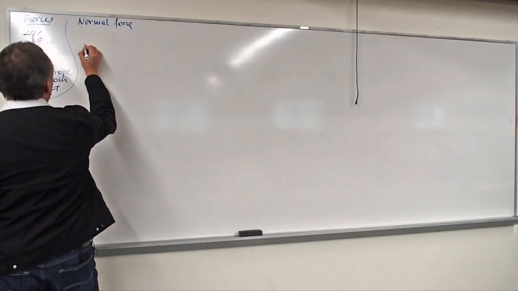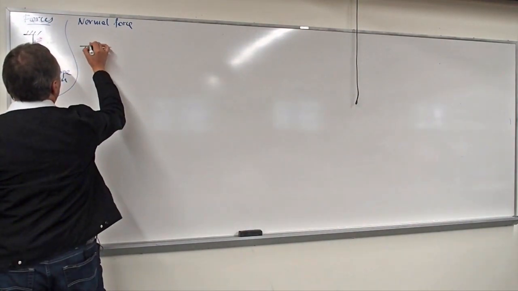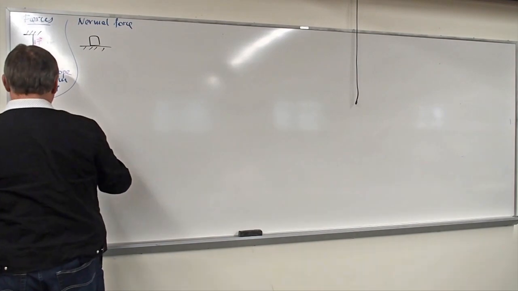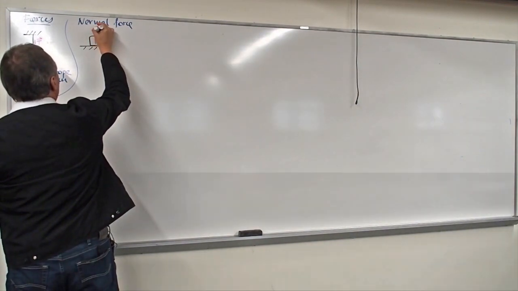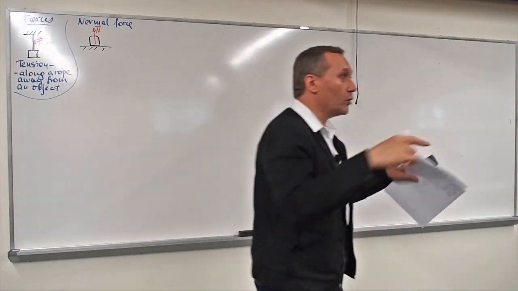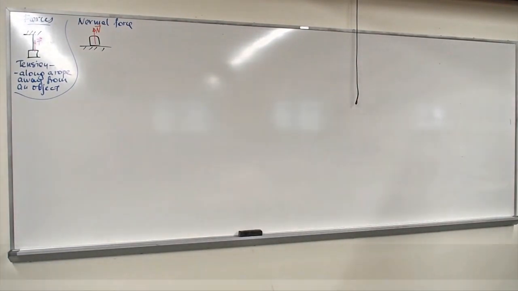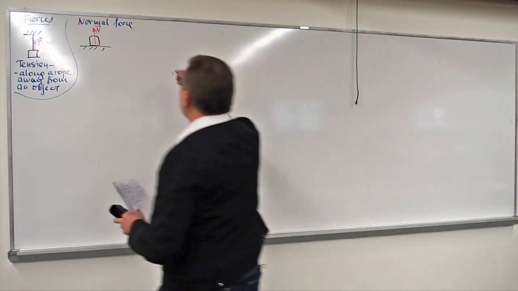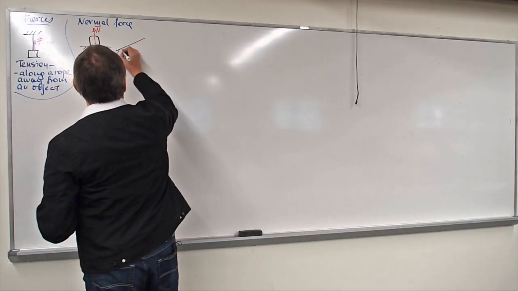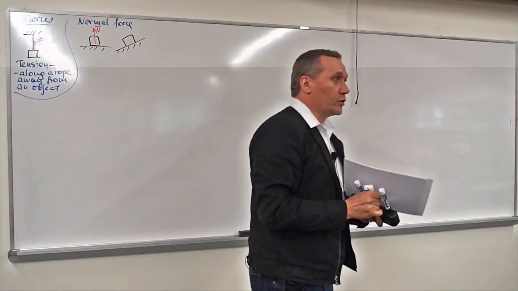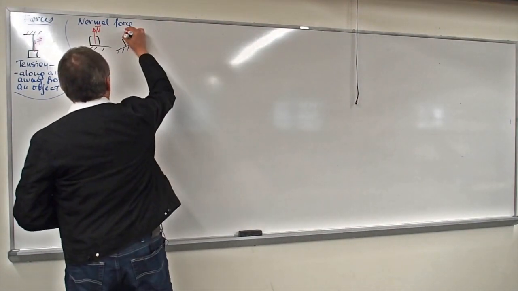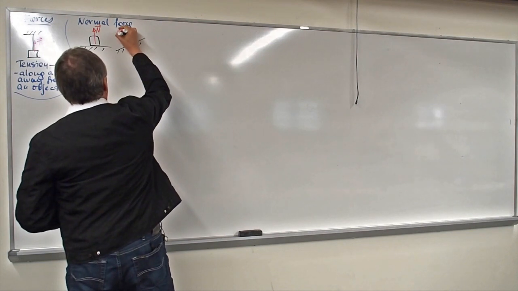In the simplest case, if you have a flat surface with a box on top, then of course the normal force is perpendicular to the surface, acting on the object, away from the surface. If a surface is inclined, for example like this, and this is our object, the normal force is still perpendicular to the surface.